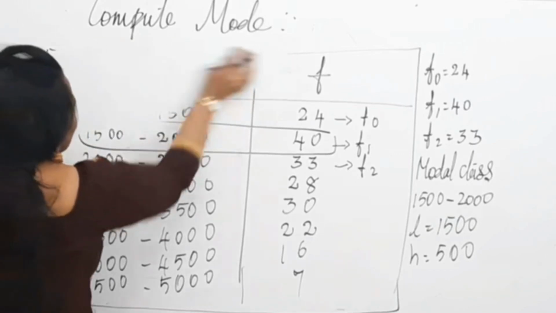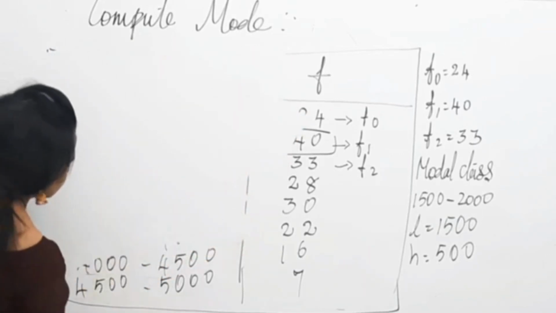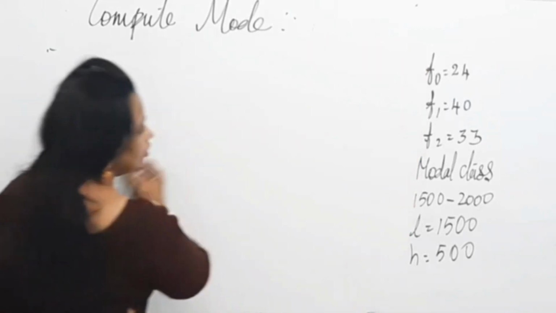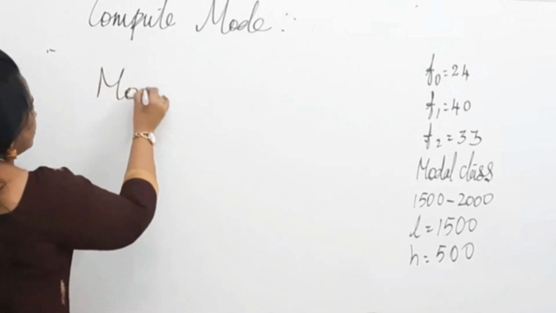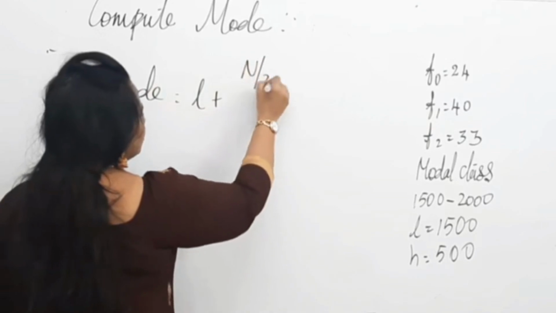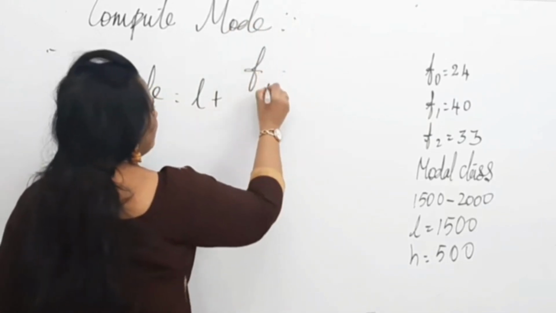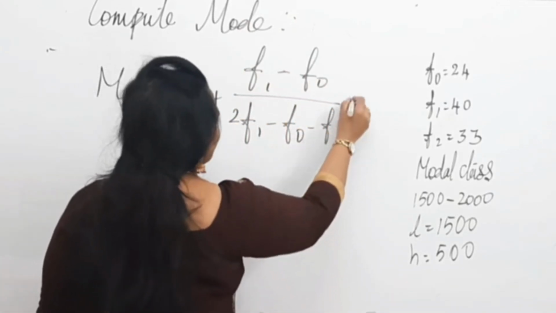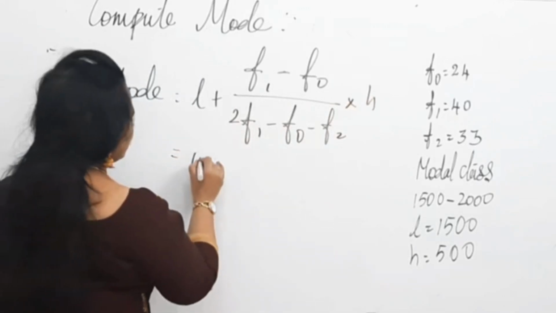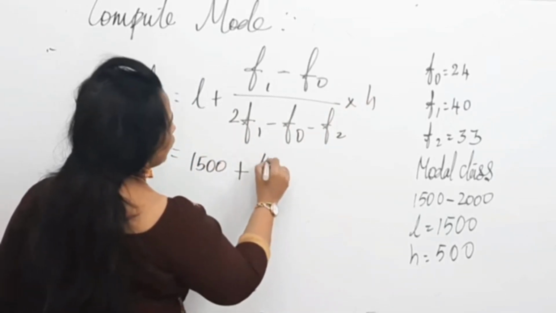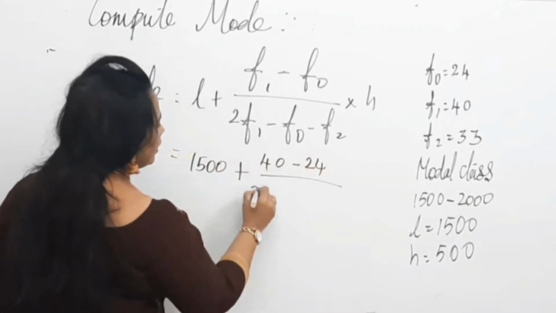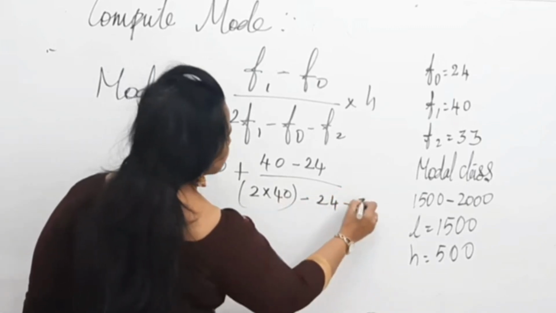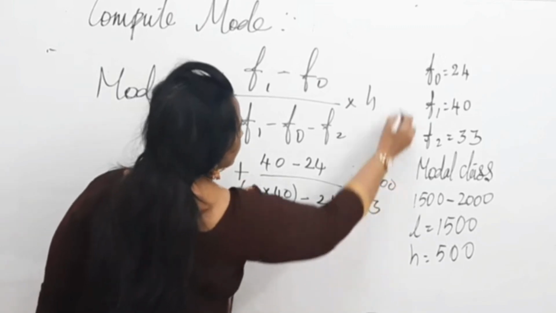My formula is mode equal to L plus (F1 minus F0) divided by (2F1 minus F0 minus F2), into H, which is 1500 plus (40 minus 24) divided by (2 into 40 minus 24 minus 33), into 500.